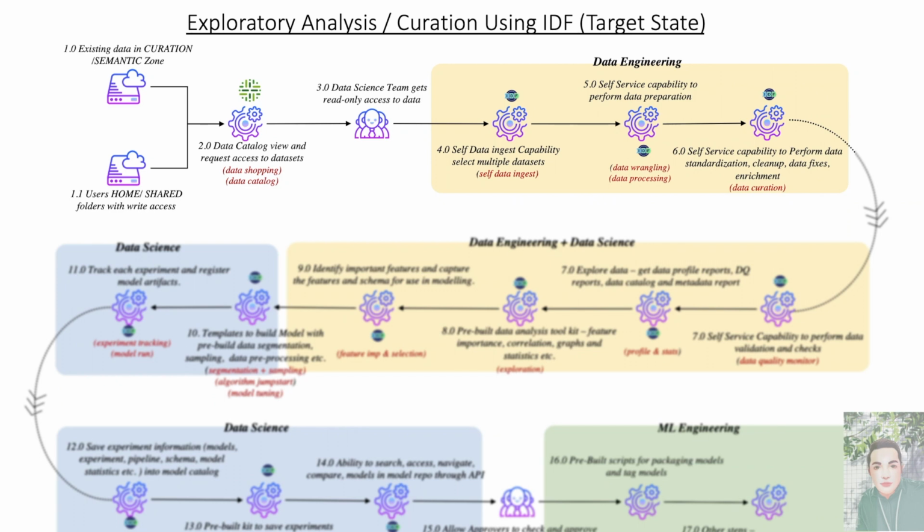We have a self-service way of standardizing, cleaning up, fixing the data format, date format. So an example can be, the data is coming as one column that has date of birth. And typically date of birth might not have a lot of significance in the model.